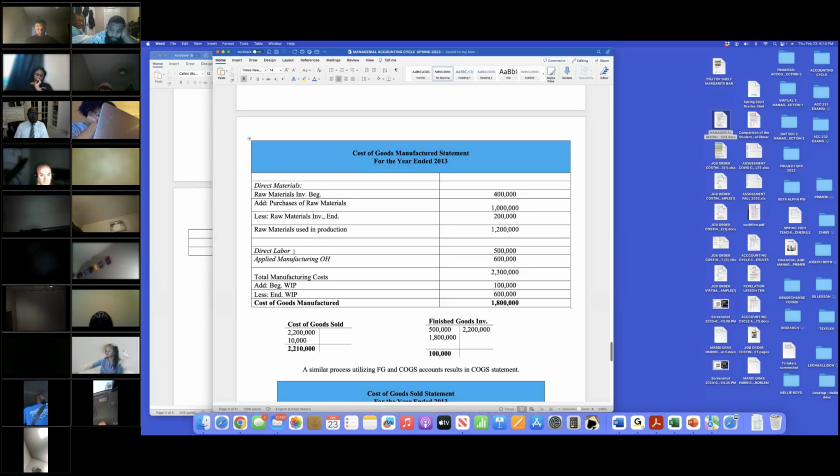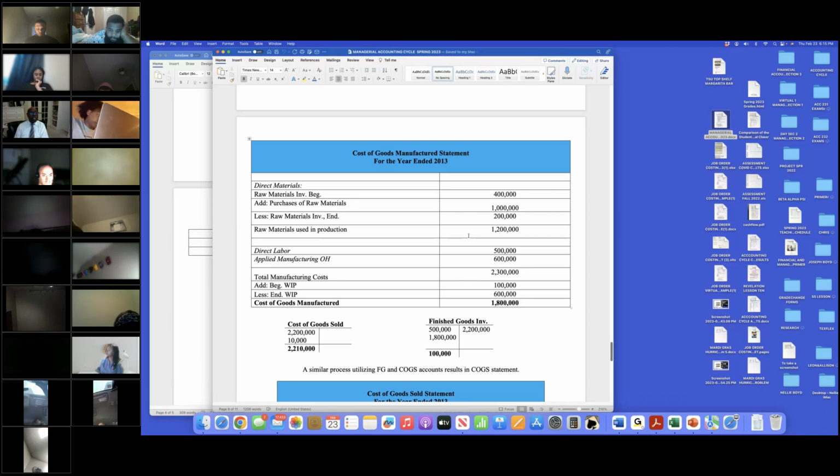So we're showing, for the amount of drinks we had, or the amount of books we made, what were the raw materials involved, what was the labor, and what was the applied manufacturing overhead, total manufacturing costs, less the cost involved in what we don't complete, cost of goods manufactured. This is our new statement.